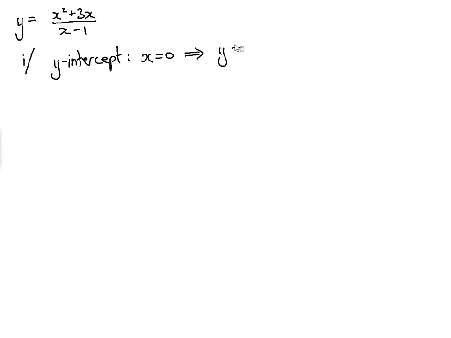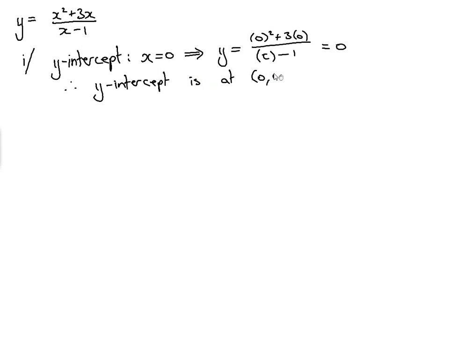That means y is equal to 0 squared plus 3 times 0 over 0 take 1, which is equal to 0. So therefore we know our y-intercept is at (0, 0). Now this is also going to be one of our x-intercepts.